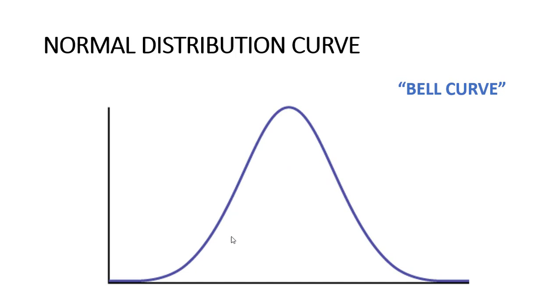So what you have on the left side of the curve is exactly a mirror image of what you have on the right side. And another property is that it never touches zero. Okay, so it goes to infinity, but it never touches zero. And the middle of this curve is going to be the mean. So the mean is going to be right in the middle of this curve.